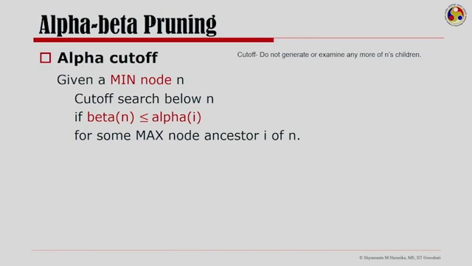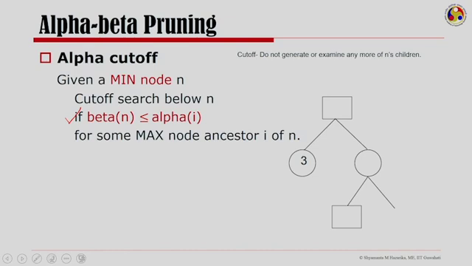So, given a min node n, we would love to cut off search below n when the beta of n is less than or equal to alpha of I. Let us take a small portion of a game tree to understand this, and let us mark the leaf nodes 3 and 2.